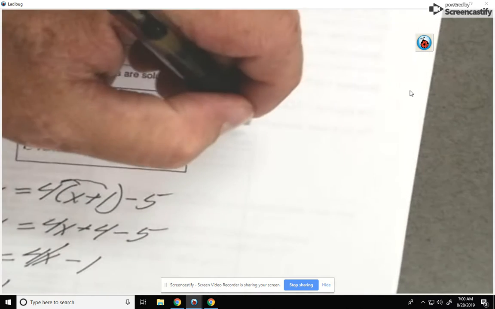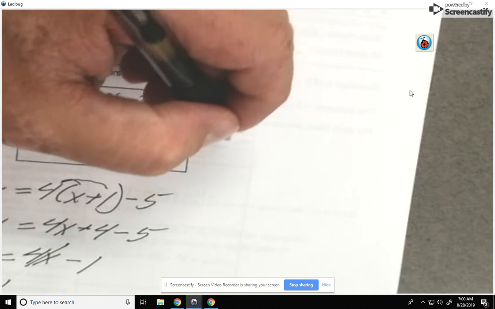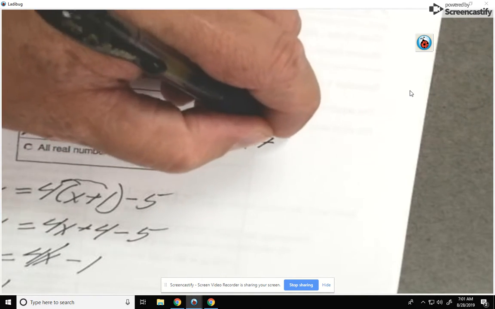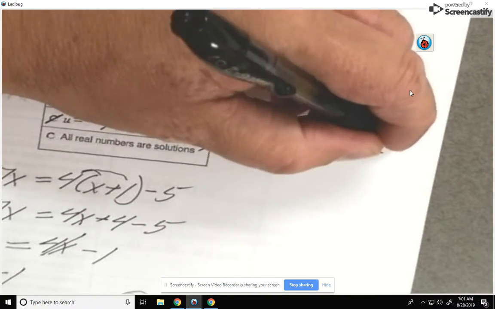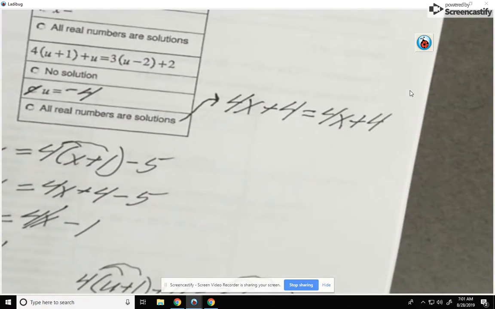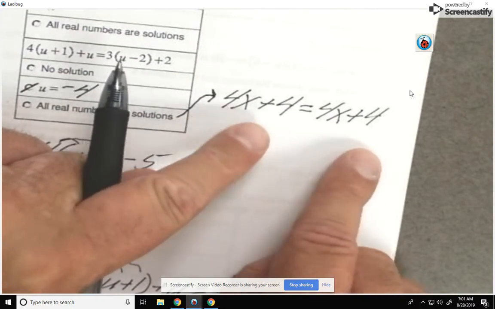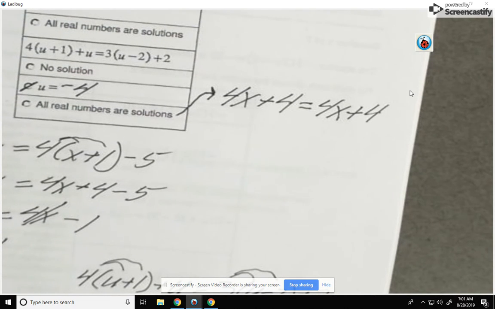For example, if you got to a point where you had 4x plus 4 equals 4x plus 4, these two sides are exactly the same. We have a 4x and a 4, so this would be an example of all real solutions. Alright, so that is the notes for 1.3a.